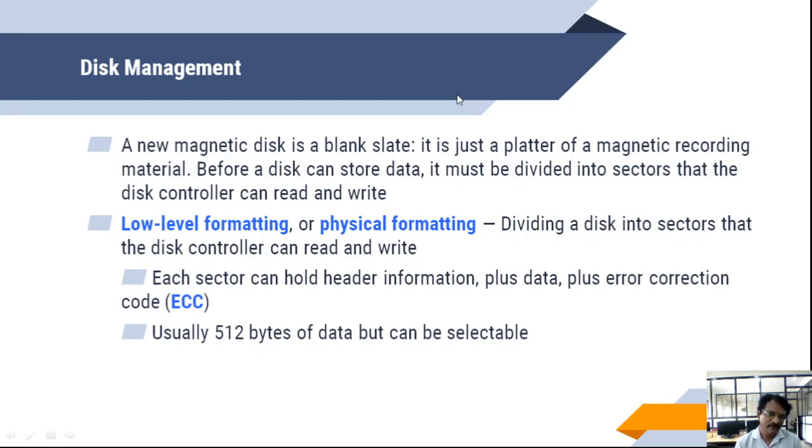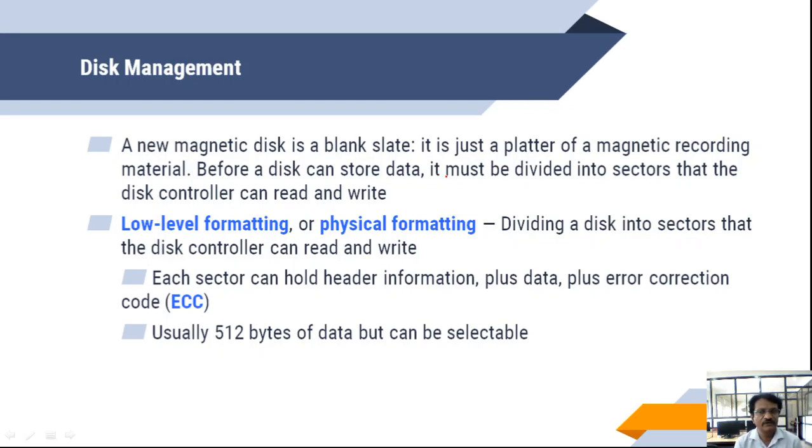So, whenever we purchase or get a new magnetic disk, it is just a blank slate, nothing is there in the disk. It is just a platter of magnetic recording material.